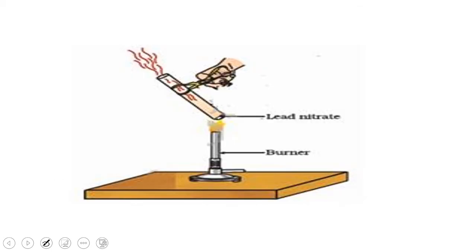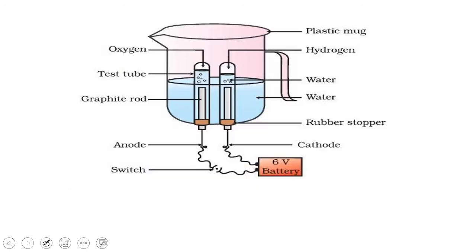This is the diagrammatic representation where you can observe the brown fumes. Lead nitrate on heating gives lead oxide, nitrogen dioxide, and oxygen. We discussed three examples: decomposition of ferrous sulfate, decomposition of calcium carbonate, and decomposition of lead nitrate.